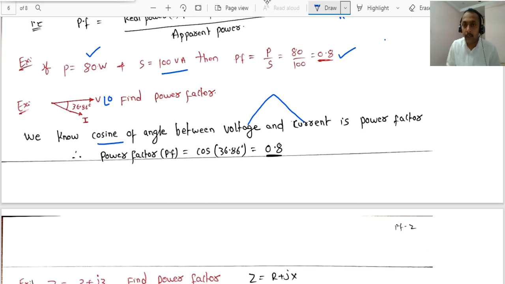But depending upon whether it is minus theta or plus theta, you can say whether it is lagging or leading. That one we can decide. Now you got the angle 36.86. Cos of 36.86 is 0.8. So the power factor is 0.8. Clear?